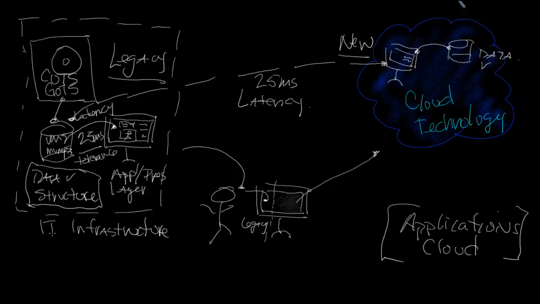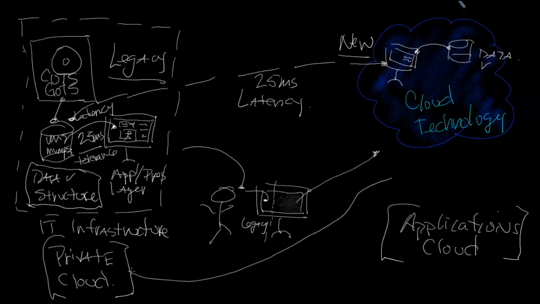The way we solve that challenge is to implement a private or dedicated cloud to handle these applications. As we get our applications more into a multi-tenant environment, we then migrate into this multi-tenant cloud where we don't have to worry about the latency.